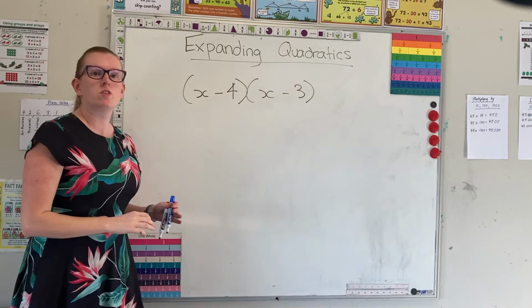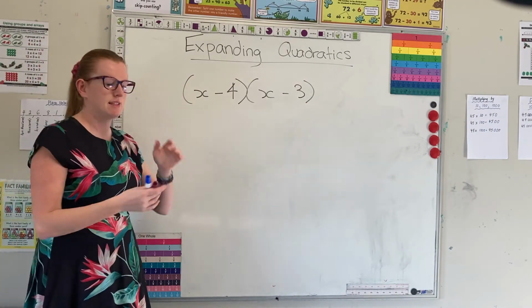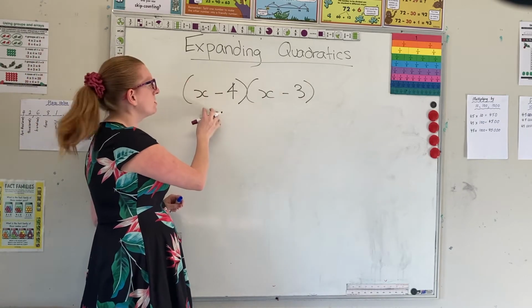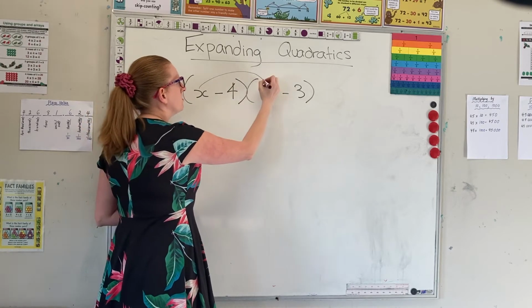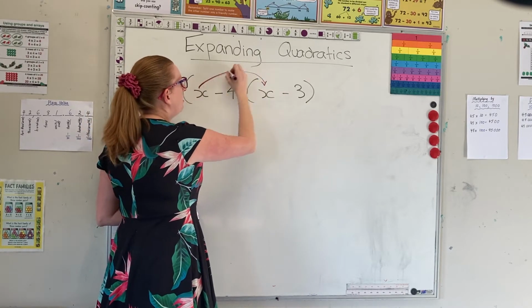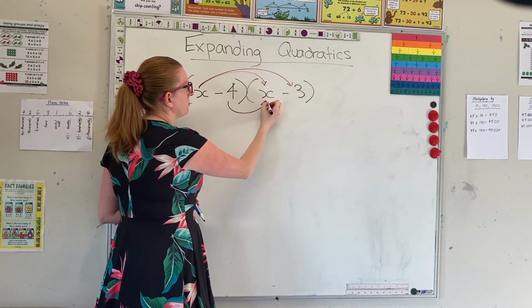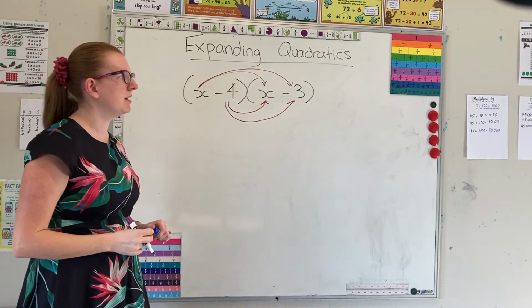All right. So now let's find out what happens if we have two negatives inside the brackets. So, just like before, everything inside this first bracket has to multiply with everything in here. So my x is multiplied by x, and my x is multiplied by -3. Then my -4 is multiplied by the x, and my -4 is multiplied by the -3.